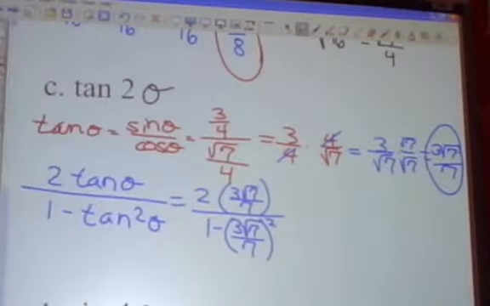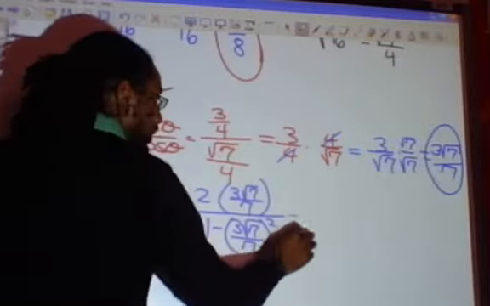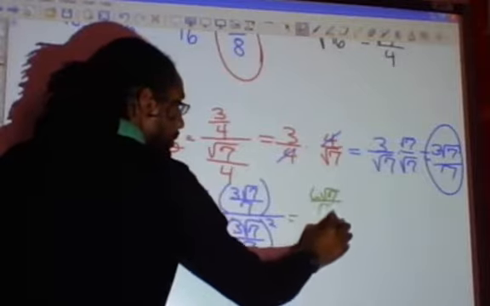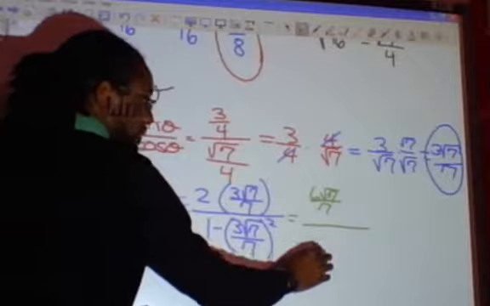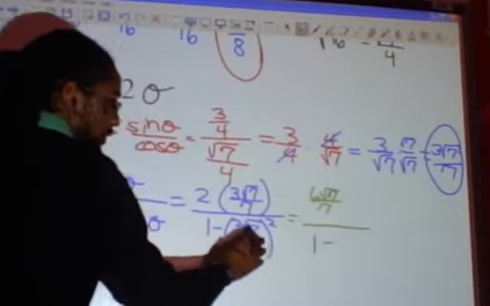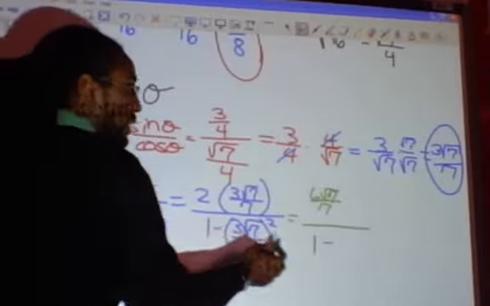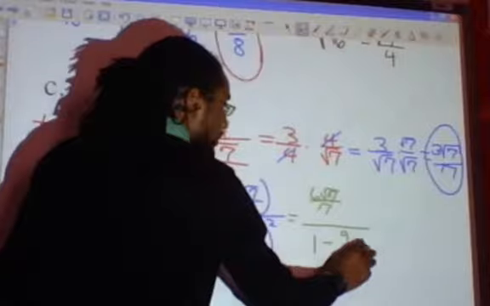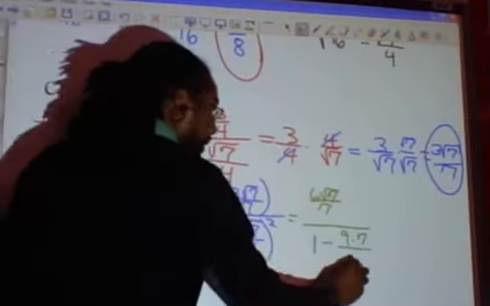Now we go ahead and combine these. Multiply the top, work on the bottom, and everything. On top we get 6 square roots of 7 over 7. On the bottom, we square this part here, so that's 1. We square the 3, we get 9. We square the square root of 7, we get 7, so 7 times 9. Then we square the 7 on the bottom and get 49.